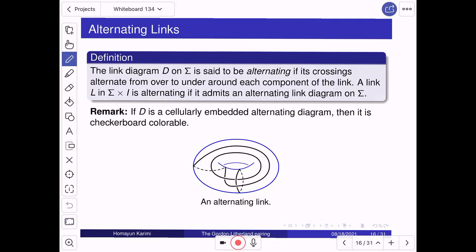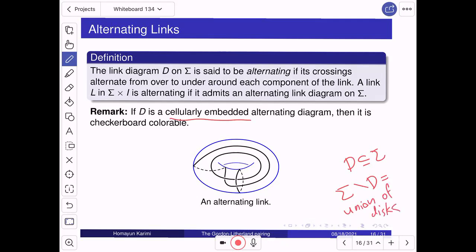And when a link L admits one alternating diagram, then that link is called alternating. And here is another notion, called cellularly embedded. When you look at the diagram D inside sigma, and you look at sigma minus D, it should be a union of disks.